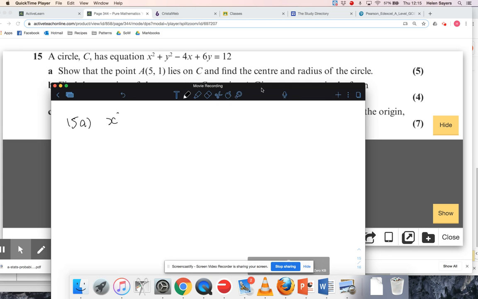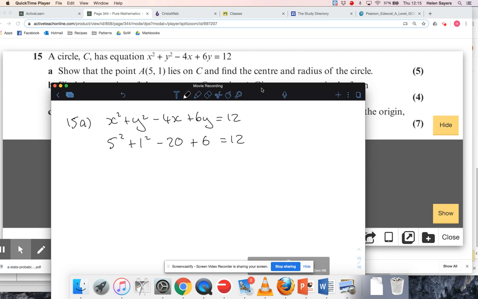So x squared plus y squared minus 4x plus 6y equals 12. First thing I'll do is show that (5, 1) does lie on the circle. So if x is 5 and y is 1, does that equal 12?